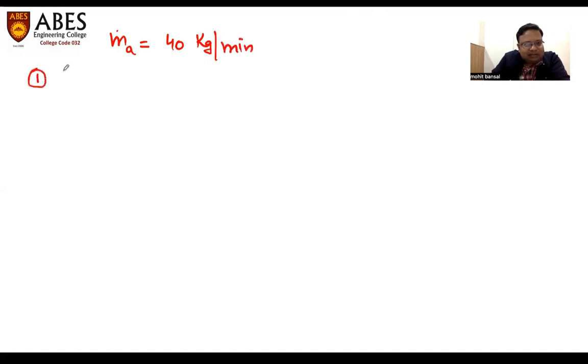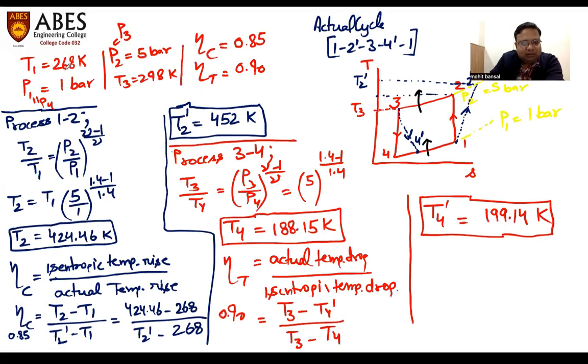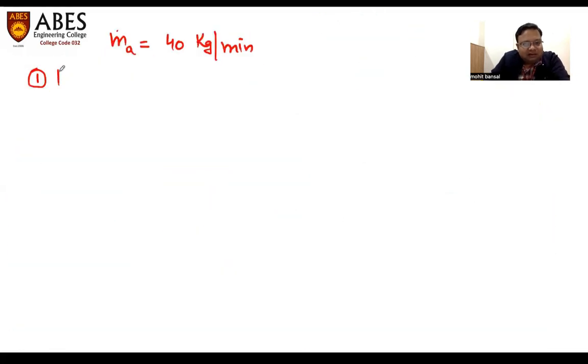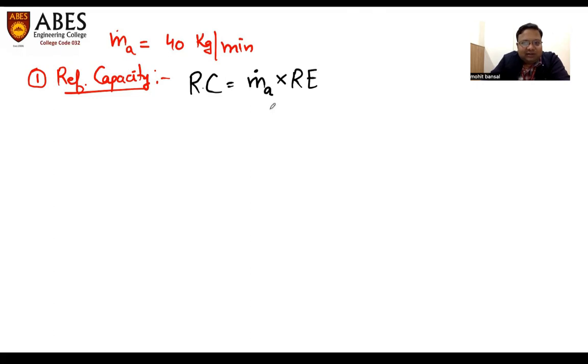And it is asking to calculate the refrigeration capacity. So refrigeration capacity is given as mass flow rate of the air into the refrigeration effect.